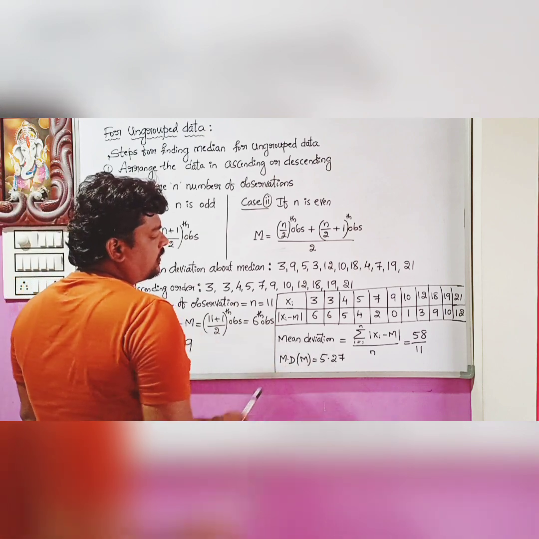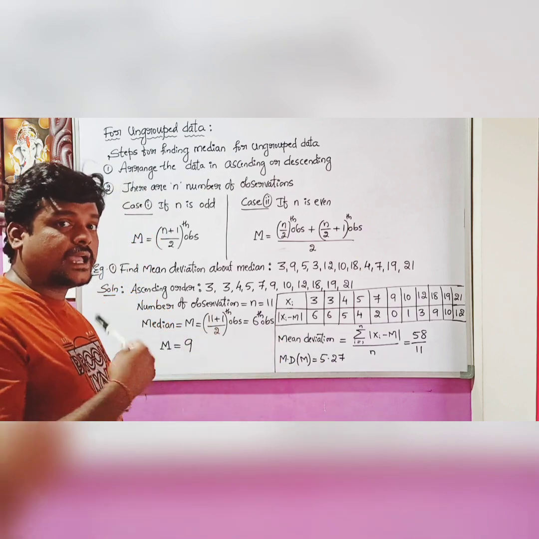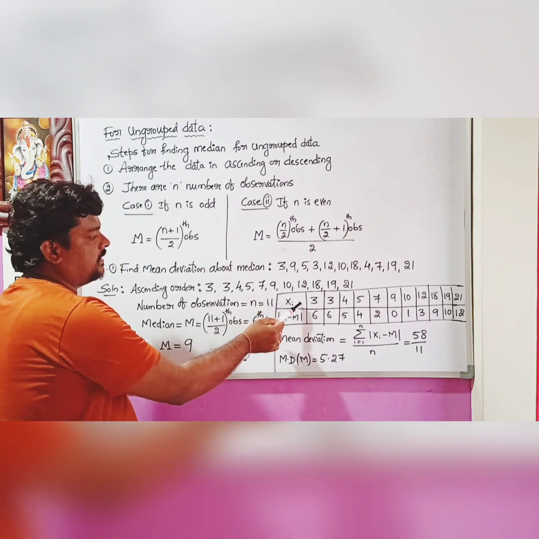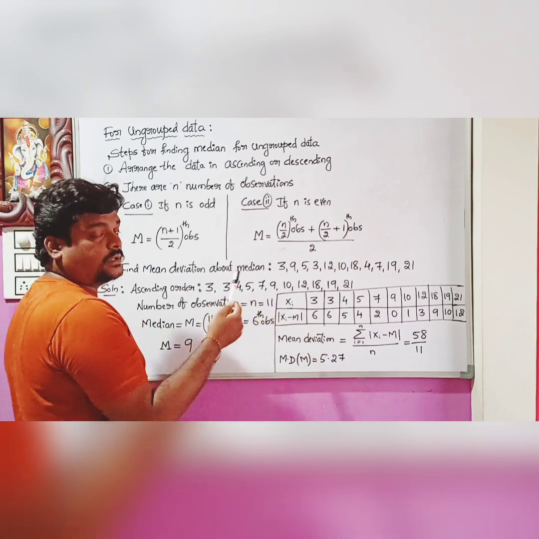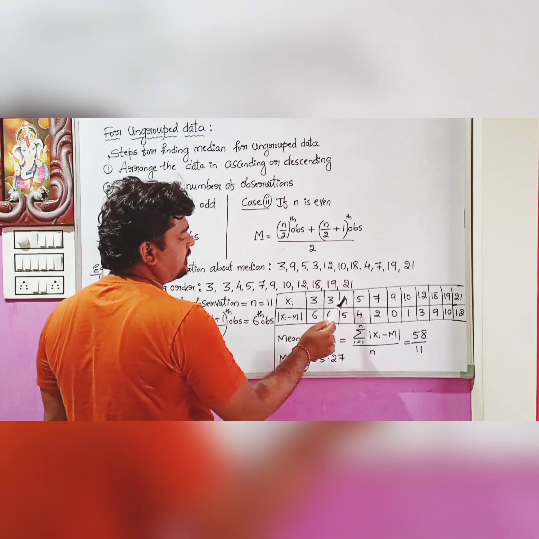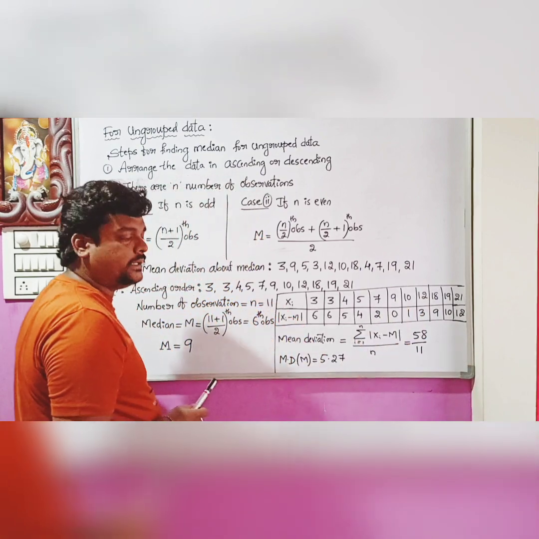Mean deviation about the median. For this we need absolute deviations. This is the exercise data, which we wrote in ascending form: xi is 3, 3, 4, 5, 7, 9, 10, 12, 18, 19, 21.